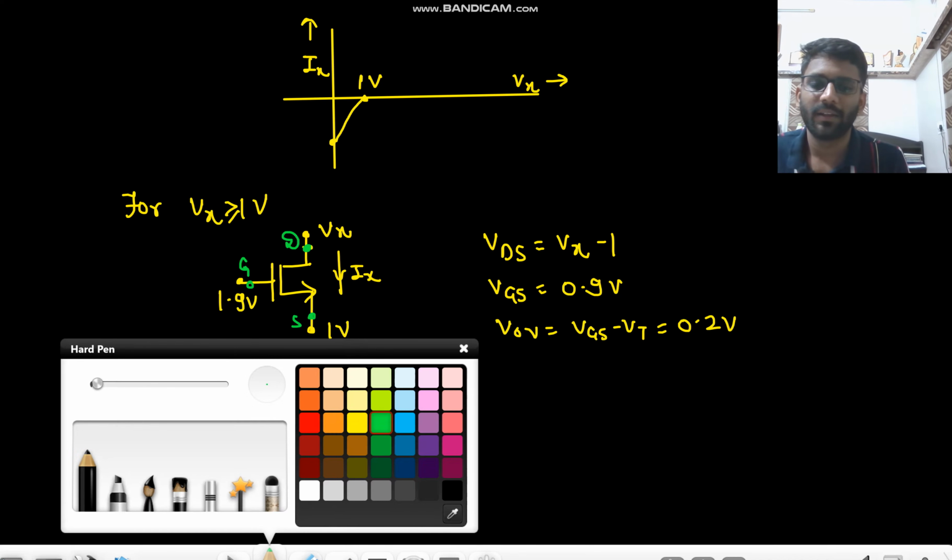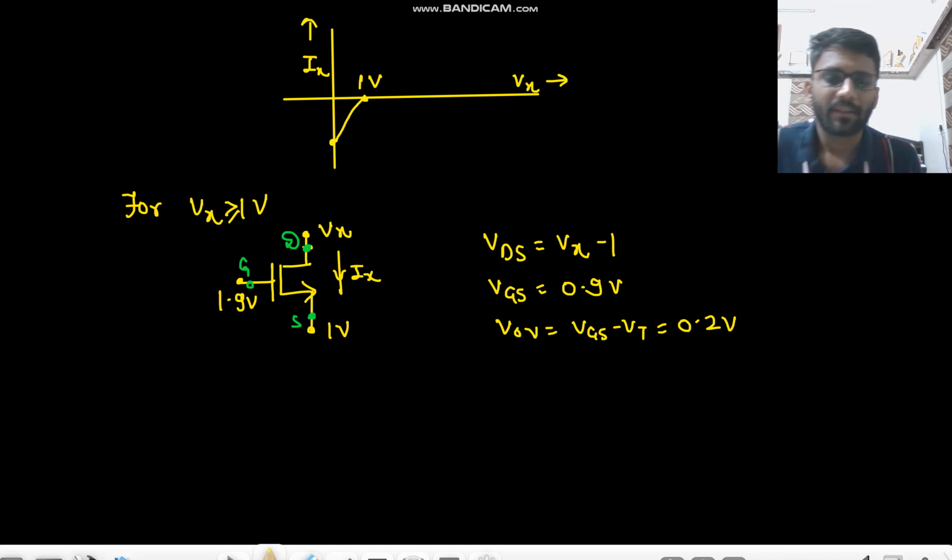So this is the condition now. What is your V overdrive? V overdrive is 0.2.